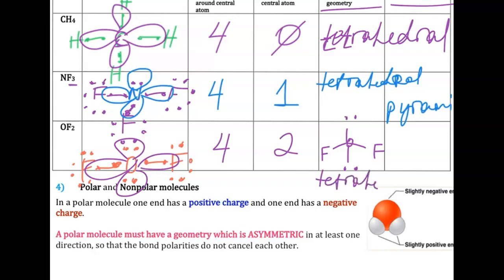So the electron group geometry is tetrahedral, but the shape of the molecule is going to be different. With two lone pairs and two bonds, the shape will be bent. So why is there a difference between electron group geometry and molecular shape? Because we cannot see lone pairs.